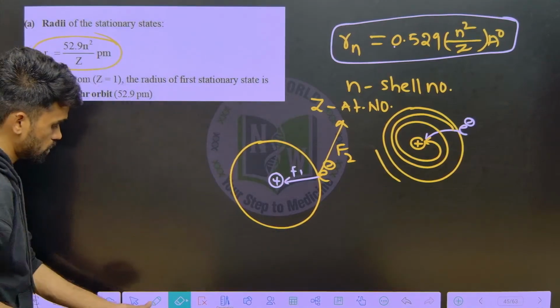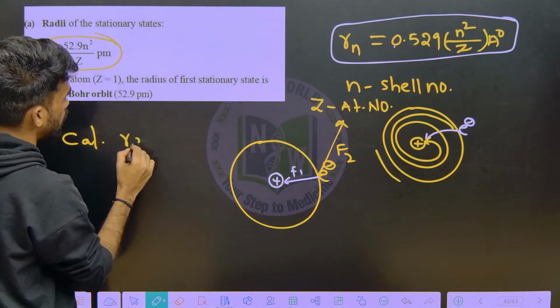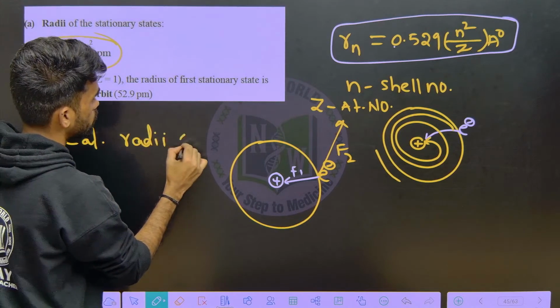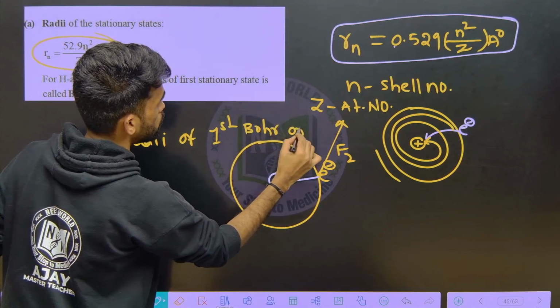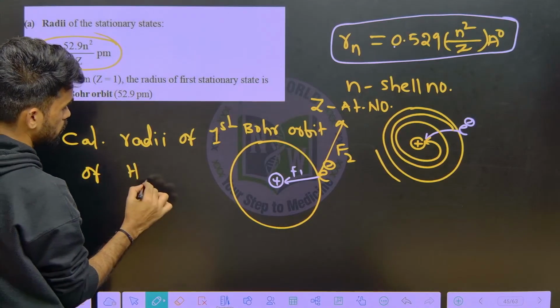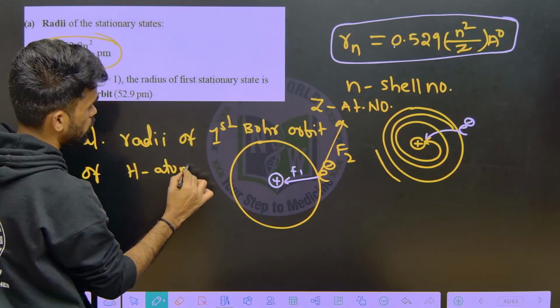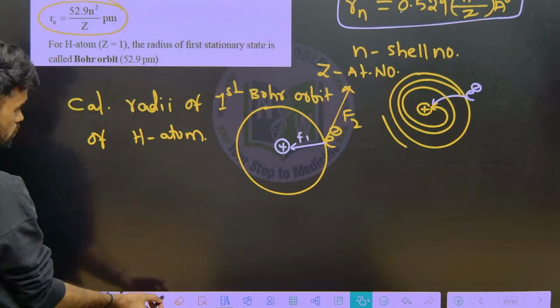Now calculate the radius of the first Bohr orbit of the hydrogen atom. Tell me, what is the radius of the first Bohr orbit of the hydrogen atom? 0.5.